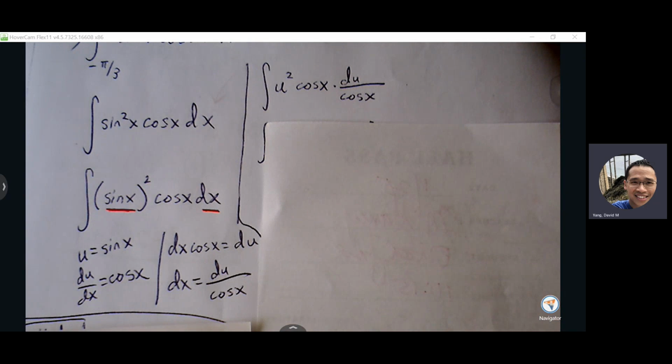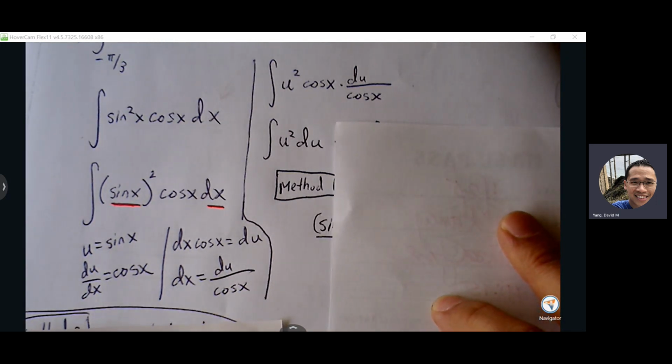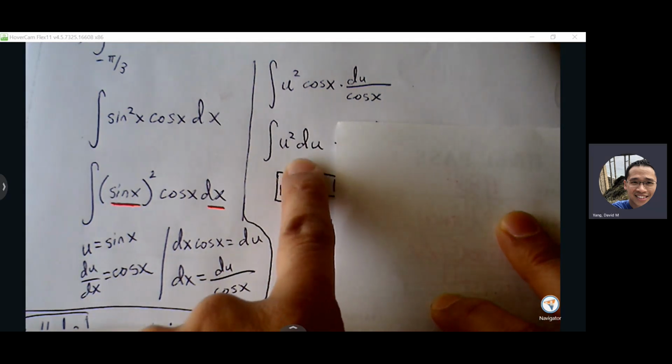Okay, so after that substitution, we get the integral of u squared cosine x times du over cosine x. Do the x's go away? Yes. Okay, so cosine x drops out. There's a 1 in the numerator, 1 in the denominator. So now we're left with a relatively clean power rule problem. u squared du. What does that become?